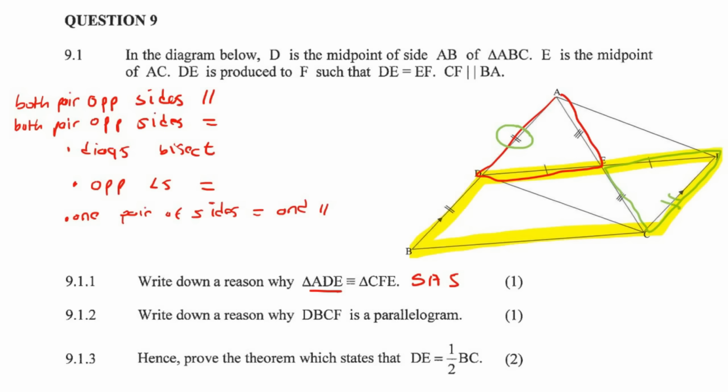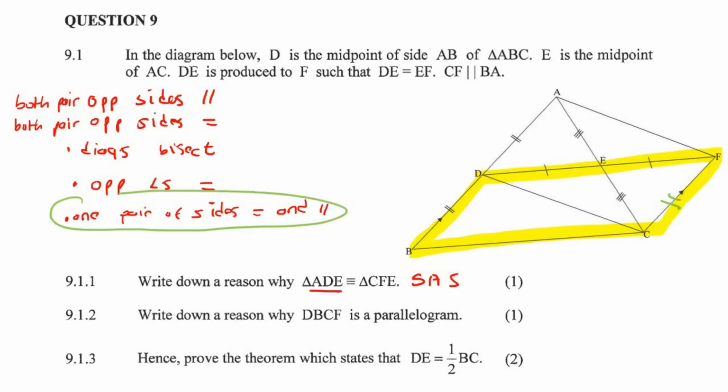Okay, so now if we return back to our parallelogram, if we look at these 2 sides, we can see that they are equal in length, but they both have the 2 lines over there, but they are also parallel. So it would be this one down here, one pair of sides equal and parallel. So we can say one pair of sides equal and parallel.